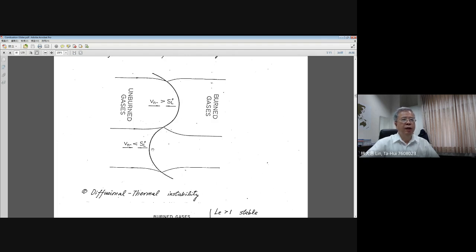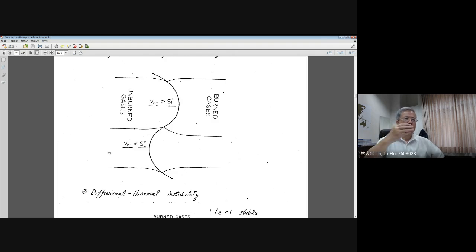And you will find that if originally you have a flat flame in the lower part, it becomes this convex shape to the upstream, and this disturbance will be enlarged when you start to have this kind of outer perturbation.